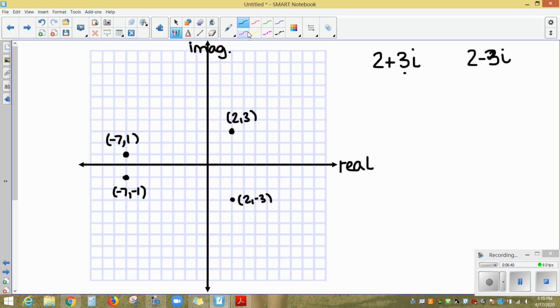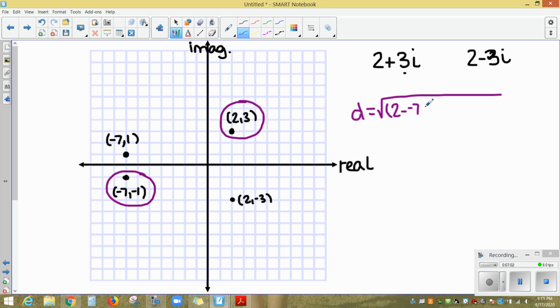Now, maybe I want to find the distance between two complex numbers. The nice thing is that the distance formula is the same as it was in the real plane with our x's and y's. We take the difference in the real values and square it, and take the difference of the imaginary values and square it, or the equivalent of the difference of the x's and the difference of the y's.